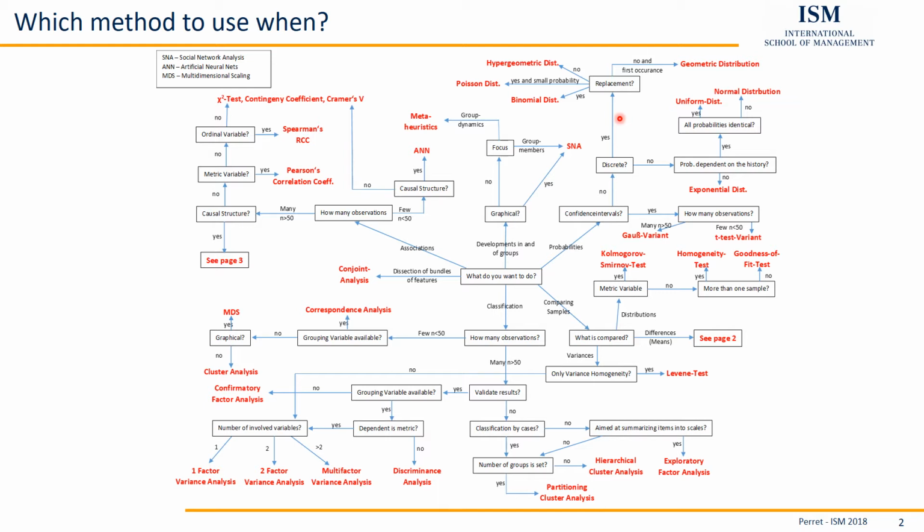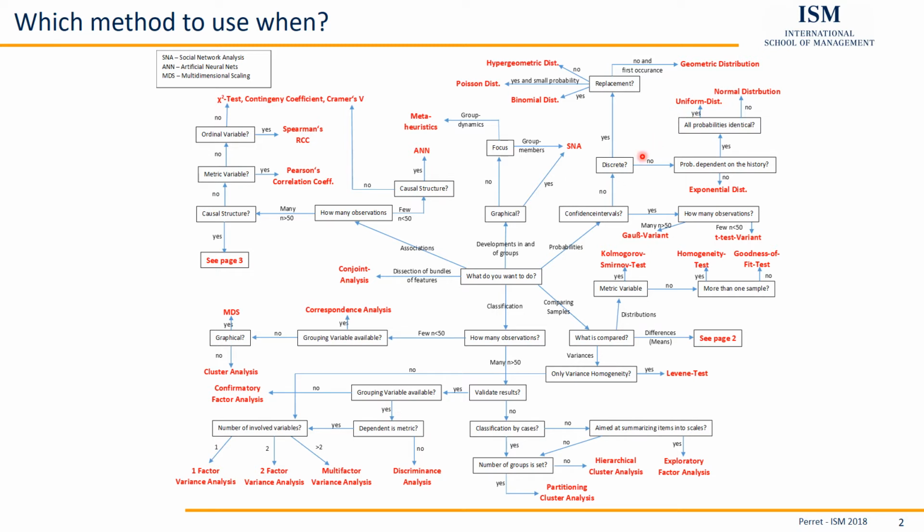We could add the uniform or rectangular distribution here as well. That would be, for example, the dice where all probabilities are even, are the same. However, I consider this here in the continuous version as uniform distribution.